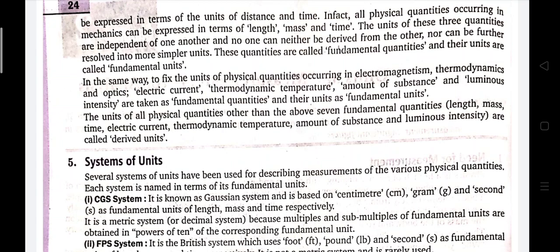So these are the basic fundamental length, mass, and time. Length is measured in centimeter, mass is measured in grams, and time is measured in second, respectively. It is a metric system or decimal system because multiples and submultiples of fundamental units are obtained in the powers of 10.